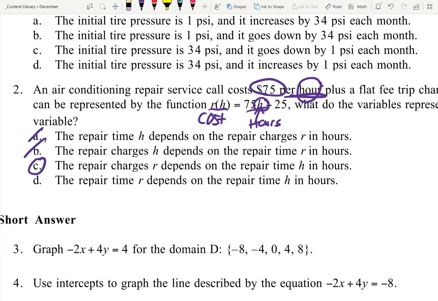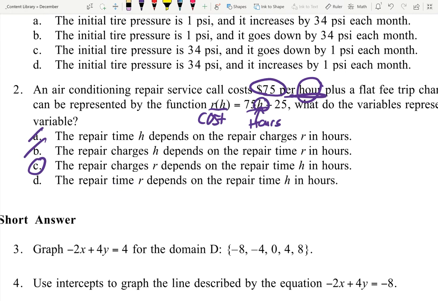Let's see what's wrong with answer choice D. Repair time R, well, we've already got it wrong, right? Repair time is supposed to be the H because H is hours, hours is time. So we've already got that one backwards. Depends on the repair time. Oh, it says repair time and repair time. Well, that's wrong on a lot of different levels there. So it doubled up on repair time. So repair time depends on the repair time.